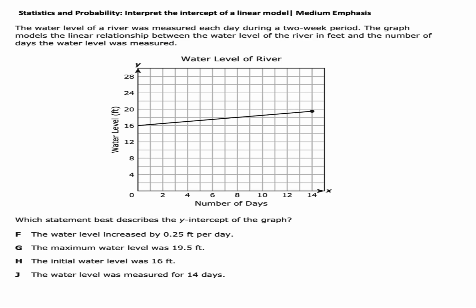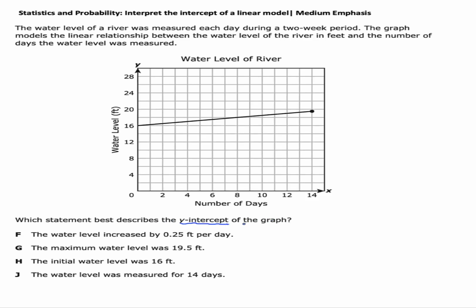In this question, it says the water level of a river was measured each day during a 2-week period. The graph models the linear relationship between the water level of the river in feet and the number of days the water level was measured. And here's your graph. And it says which statement best describes the y-intercept of your graph?